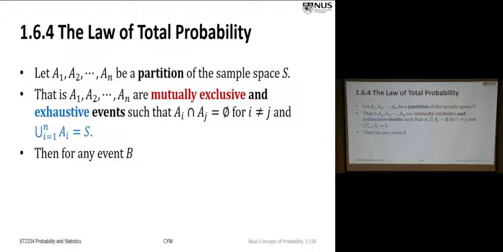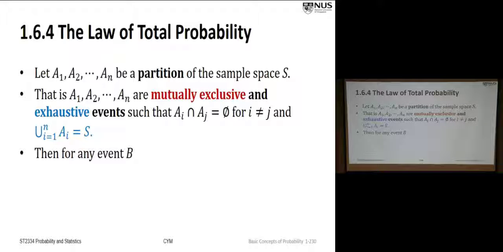It means that I partition into subsets so that if I put all these subsets together, union them, I will get back the sample space, S. But each of these subsets are not overlapping. That's what we call mutually exclusive. All right? Called exhaustive means that we put all this together, I will cover the S, the sample space.